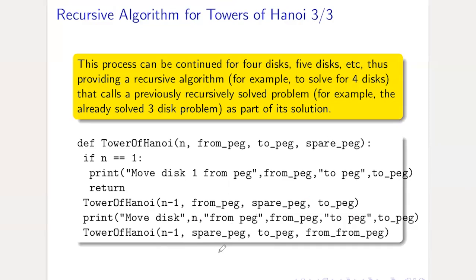C will become the source. B will become the to peg. And the original source peg will become the spare peg. So C, B, A.